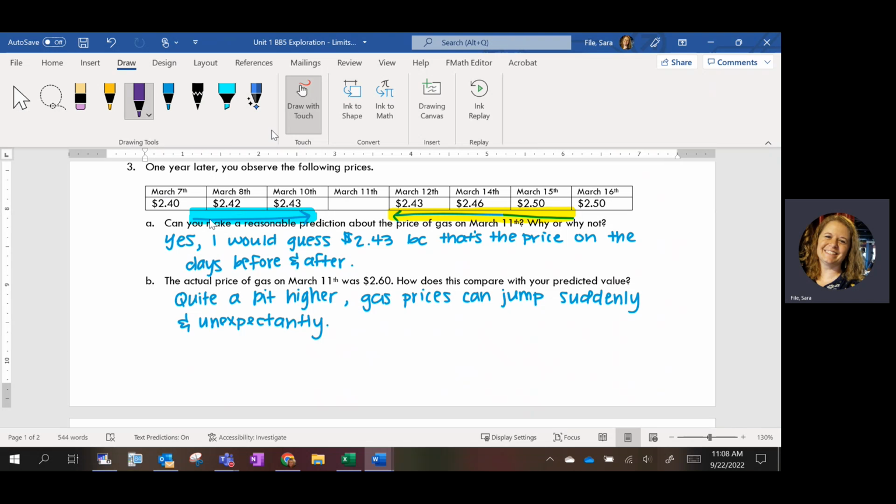So I would say my limit as x approaches 11 from the left, and this was a year later, this is a different function. Since we called the other one g of t, let's call this one f of x so that it's not exactly the same. So what did we say we were approaching? What y value did we think as we were coming from the left? What price were we approaching? 243.